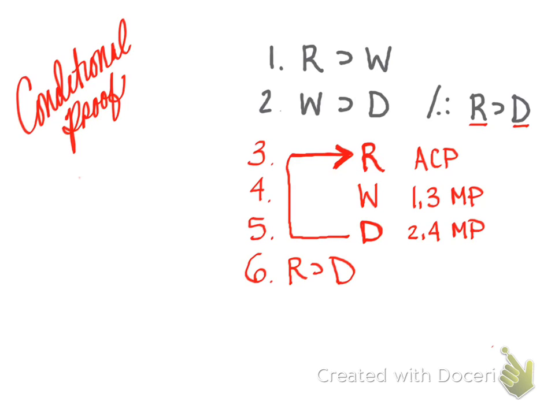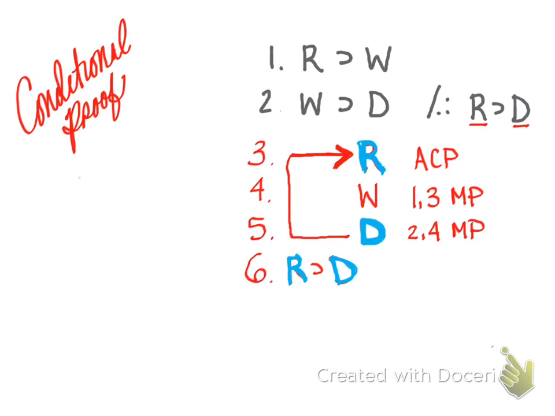What I'd like to highlight here is that the assumption I made is the antecedent of the conditional I'm trying to prove. And the last line of my subproof is the consequent of the conditional I'm trying to prove. So whatever I put on the next line is going to be a conditional, and the first part, the antecedent, will be the assumption for conditional proof, and the second part, the consequent, will be the last line of my subproof.